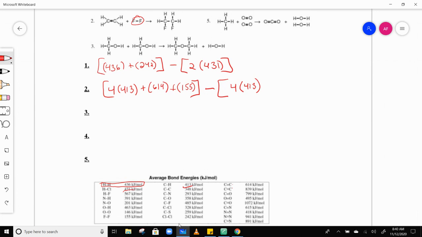And CF are 485. So plus 2 times 485. And then we have a C single bond C, which is 348. Okay, that's the setup. You just got to do the math there.